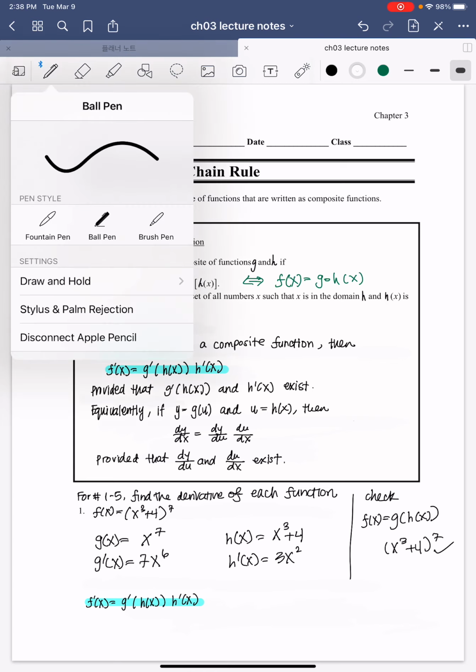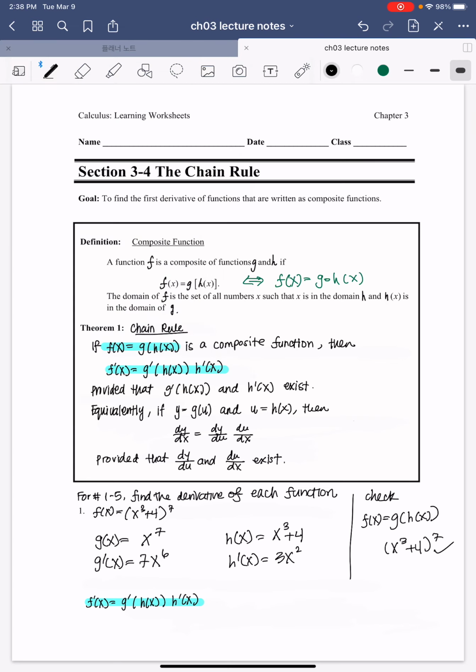So we just have to plug it in. I'm plugging this h into the g prime function. So notice I'm going to composite this one. That means I plug in h of x inside of this g prime of x. So I have 7 instead of x.